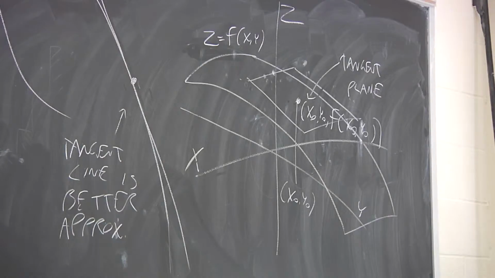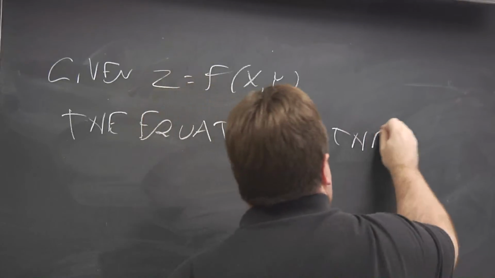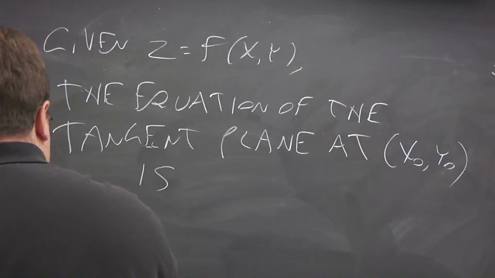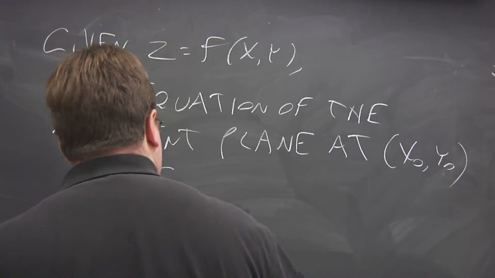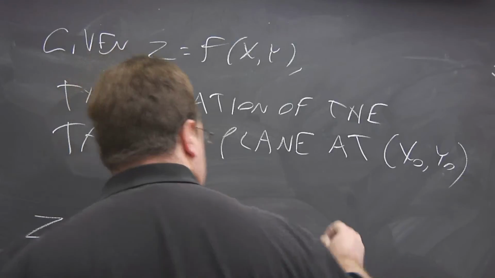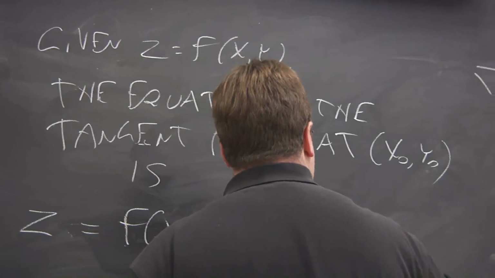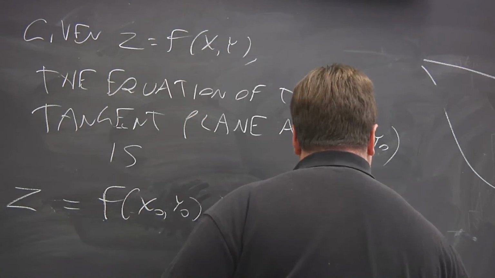In fact, the equation for a tangent plane is a pretty straightforward generalization of what you see for a tangent line. Given a function of two variables, the equation of the tangent plane at x naught, y naught is the following: z minus z naught is equal to f of x naught, y naught, plus the partial derivative with respect to x at this point times the change in x, plus the partial derivative with respect to y times the change in y.